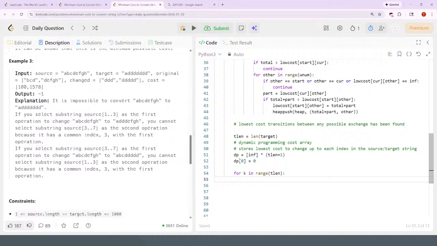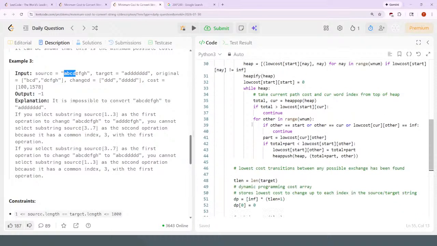So if I'm at a certain letter in my source, let's say I'm at the starting letter A, I would need to see everything that starts with A, every matching string, every matching word in the change in the original or change space.